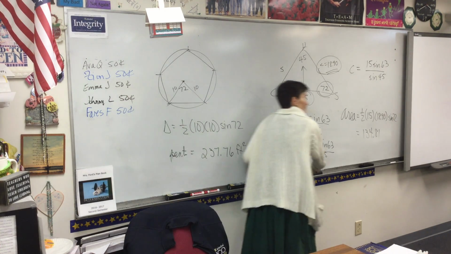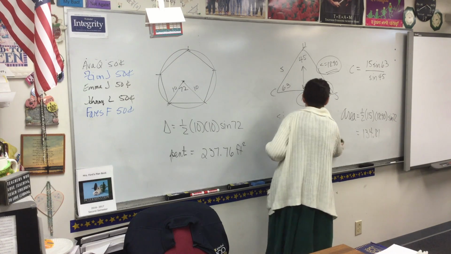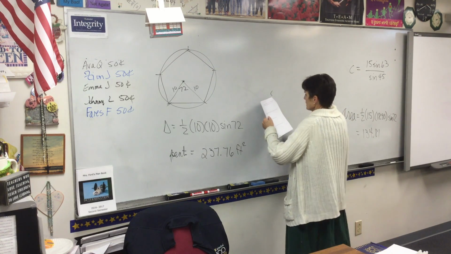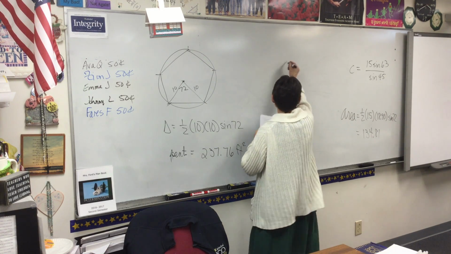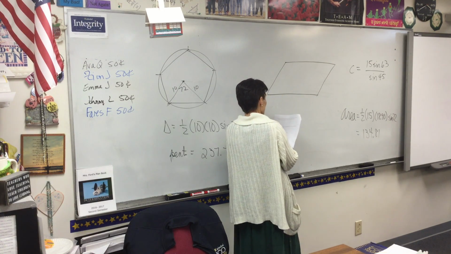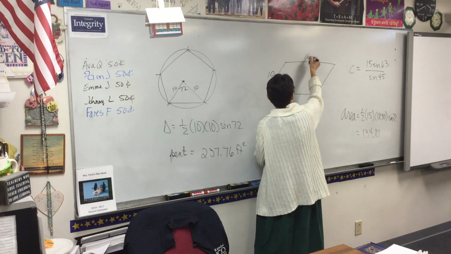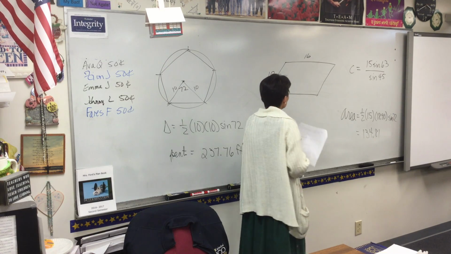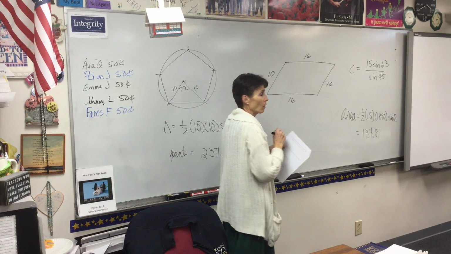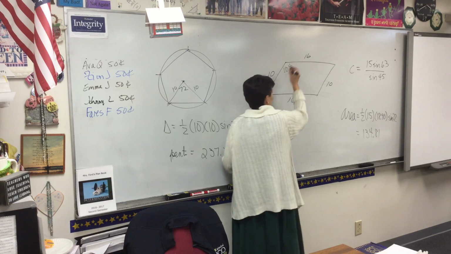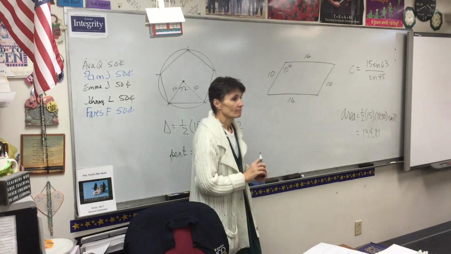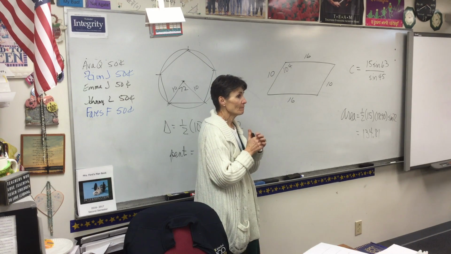All right, number 2. Last one, we'll get this one done. We're going to find the area of a parallelogram. So here's a parallelogram. The sides are 10 and 16, and the larger angle is 104. So that would be right here, right? Everybody good with the picture?